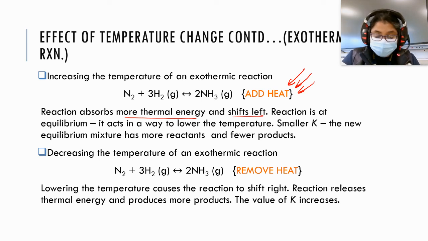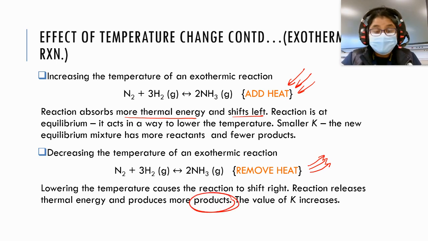Decreasing the temperature of an exothermic reaction, meaning you're going to remove heat from this reaction, causes the reaction to shift right. The reaction releases thermal energy, and it's going to produce more products. The value of your equilibrium constant increases.